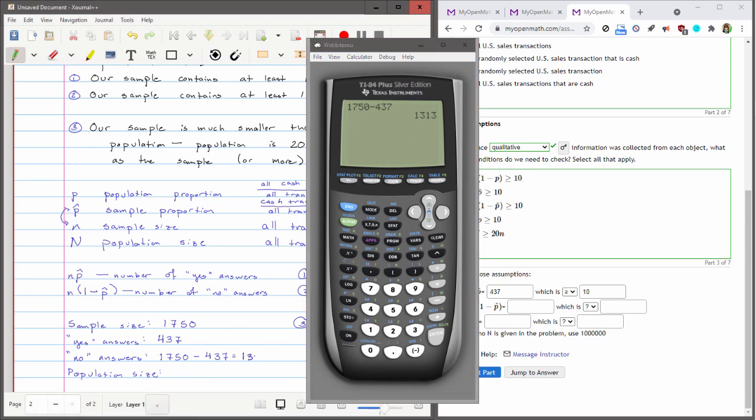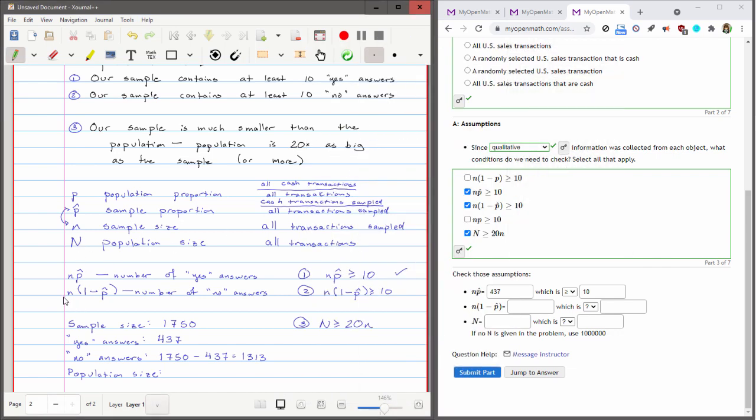We have 1,313 transactions that were not in cash. So that's our n times 1 minus p hat. And again, that's greater than or equal to 10. So we have enough yes answers, we have enough no answers.